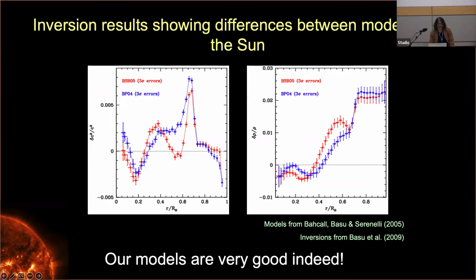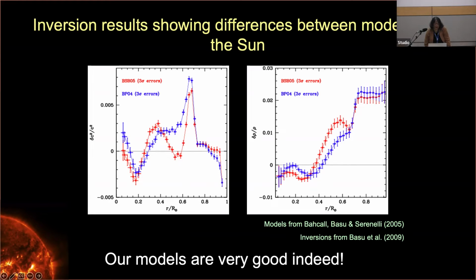Look at the axis. Even at the highest, the difference is 0.7% in squared sound speed, so 0.35% in sound speed. Any other field of astrophysics would say this is zero, we don't care anymore. But as you can see from the error bars, this is a very significant difference.